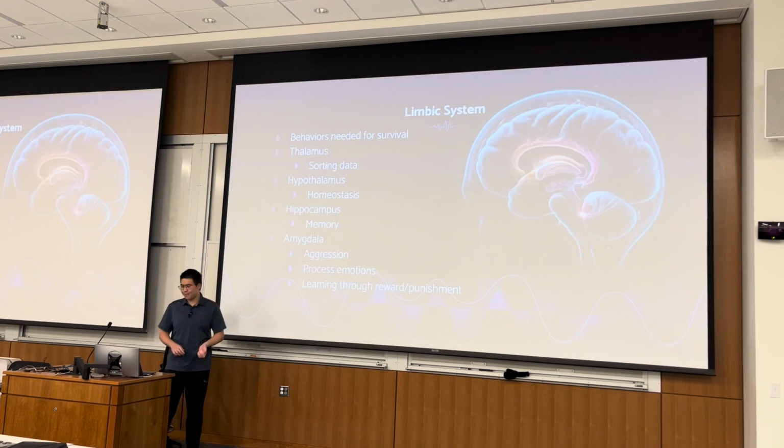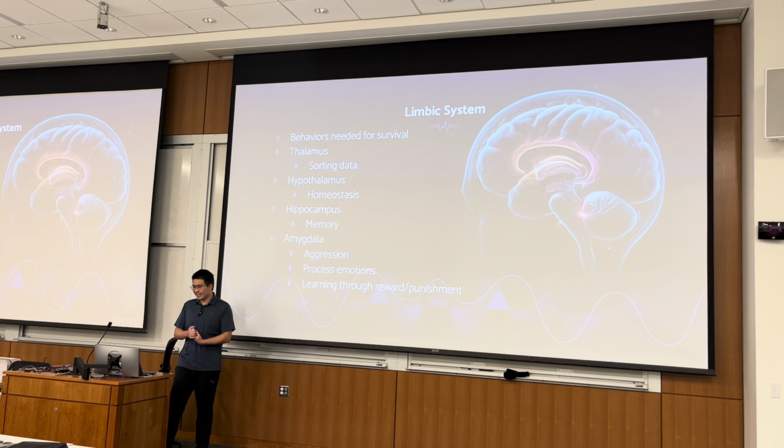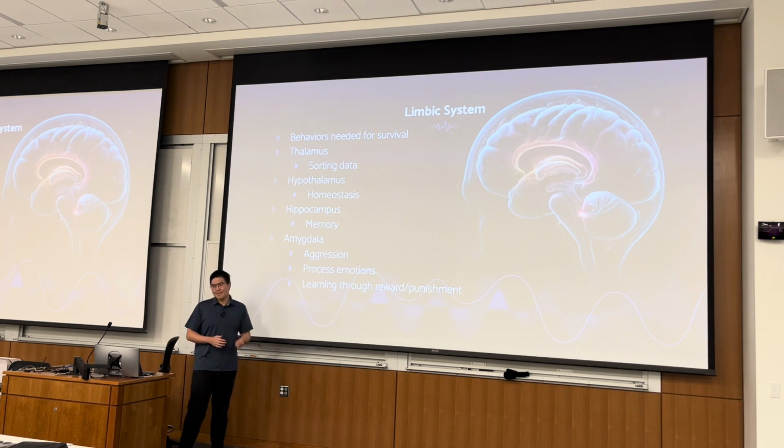So the first part of the forebrain we're going to talk about is called the limbic system, and this is behaviors that you need for survival. So we have the thalamus, which is for sorting our data. We have the hypothalamus, which is for homeostasis, maintaining your body state.